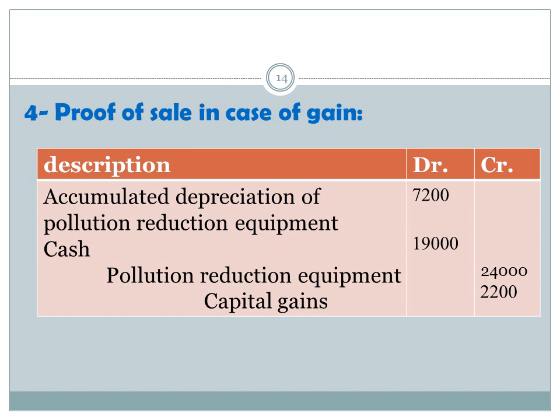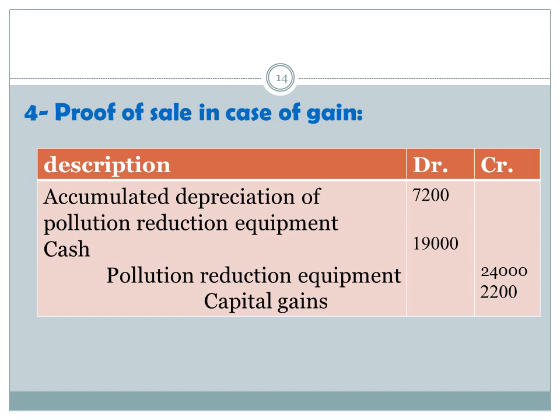According to the debit side, accumulated depreciation plus cash. According to amounts, accumulated depreciation, premium depreciation for the year 2,400 multiply 3 years equal 7,200. Pollution reduction equipment, accumulated depreciation of pollution reduction equipment 7,200.